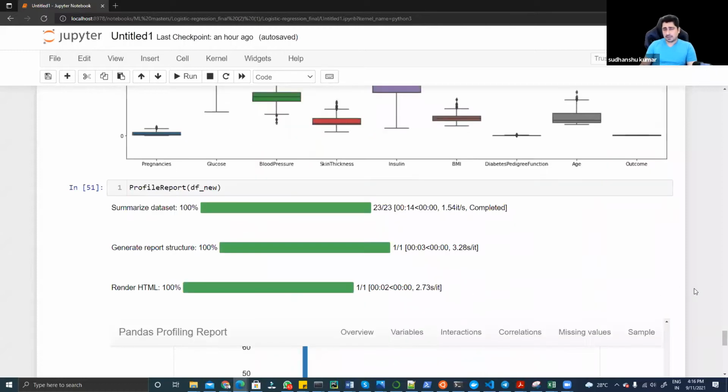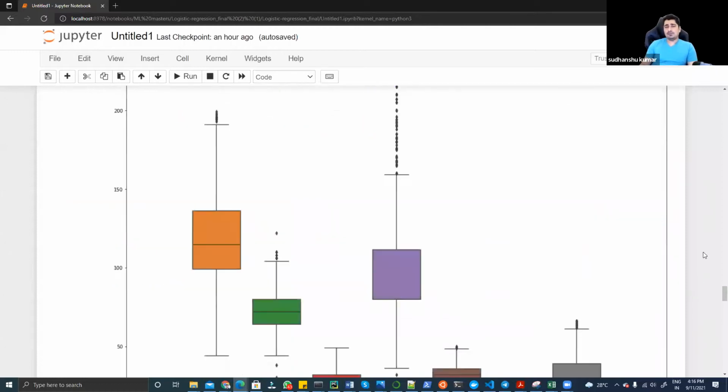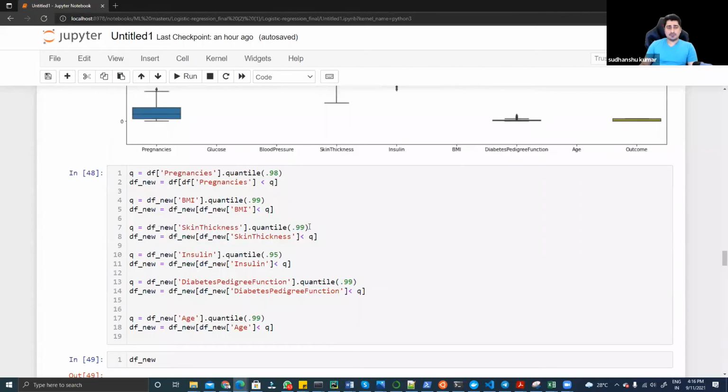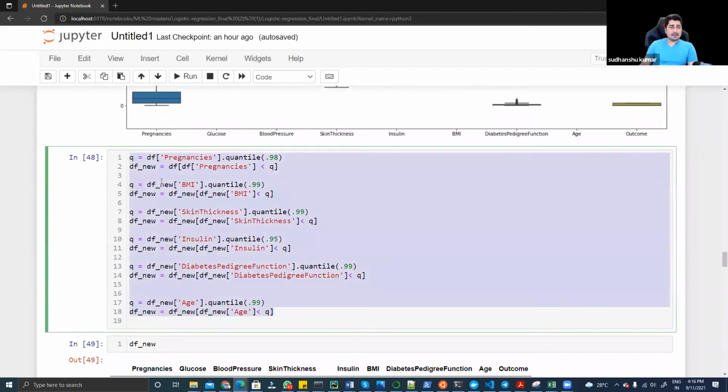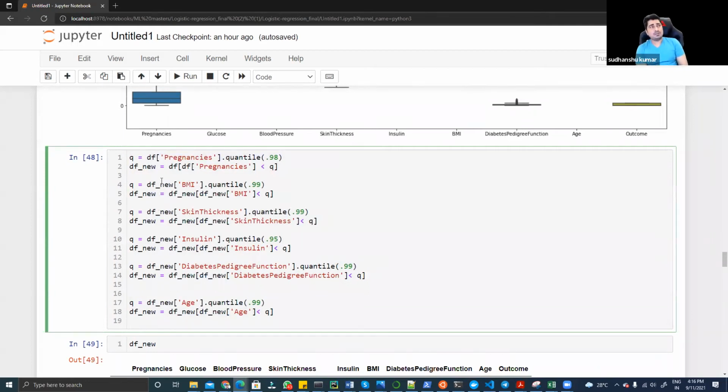So the whole idea over here is to show you one of the ways by which I can do an outlier treatment. So if someone asks you how you were removing outliers, you can say that by experimenting with quartile ranges, we were trying to remove some of the outliers.